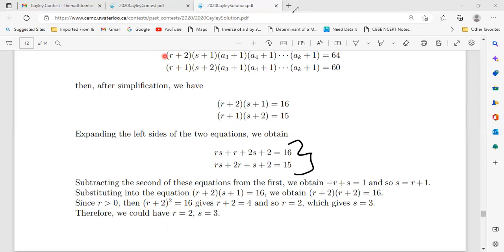Did you get the answer? Almost. You got it? Are you equating them? Why? The first one is 16 and the second one is 15.